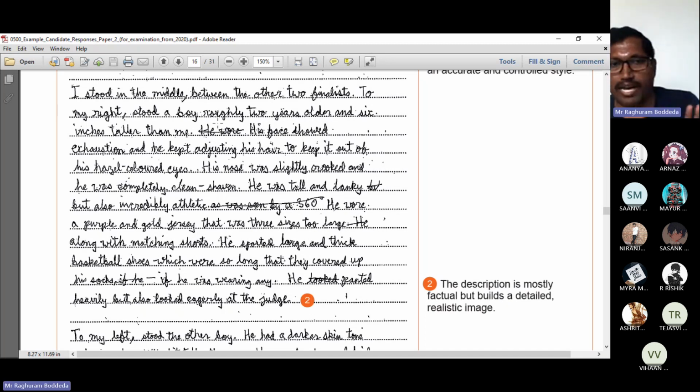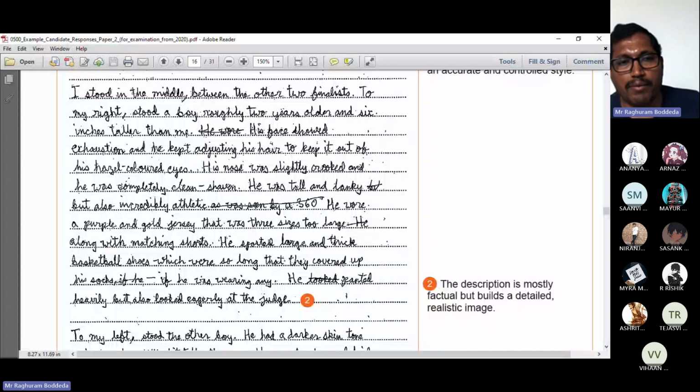Now we're talking about the purple and gold jersey that was three sizes too large. Three sizes too large was one of the pieces of evidence extending the idea of being 6 inches taller. So 6 inches taller, and the size also matters here. Too large, that is one of the pieces of evidence he's putting here.